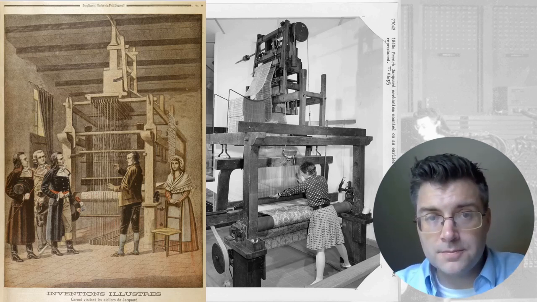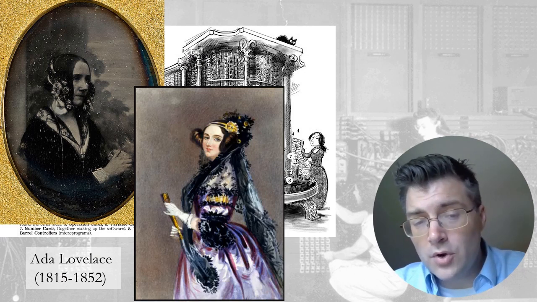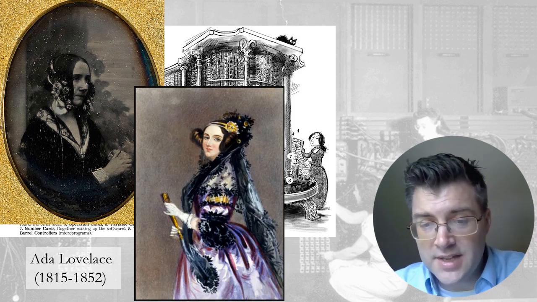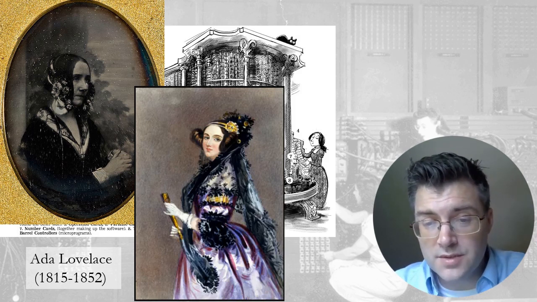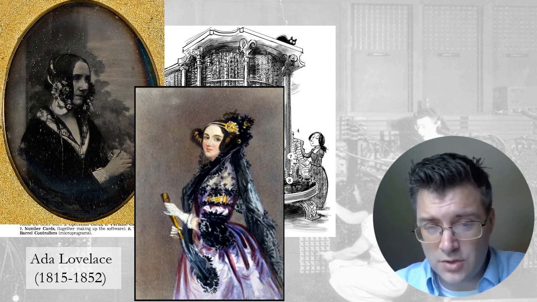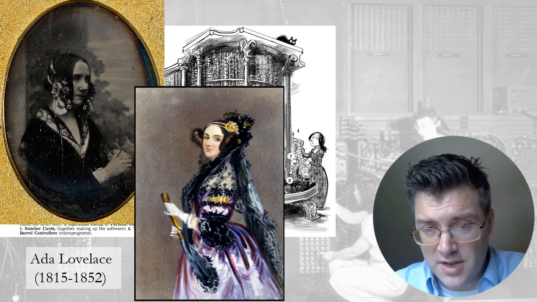Before moving on from Babbage, I want to say a few words about his collaborator, Ada Lovelace, who again wrote really some of the only published material about the analytical engine during Babbage's lifetime.